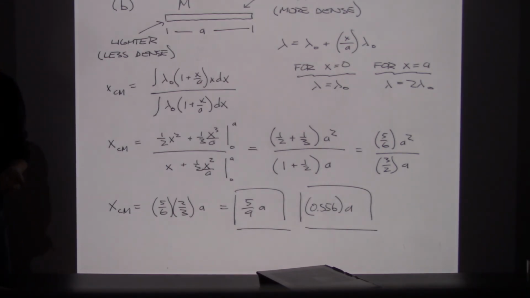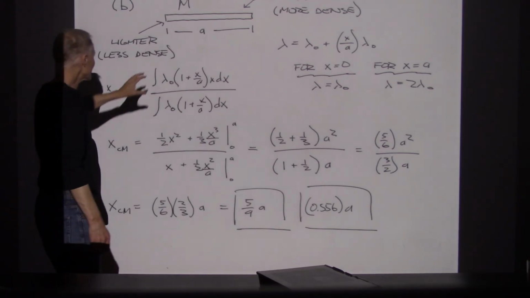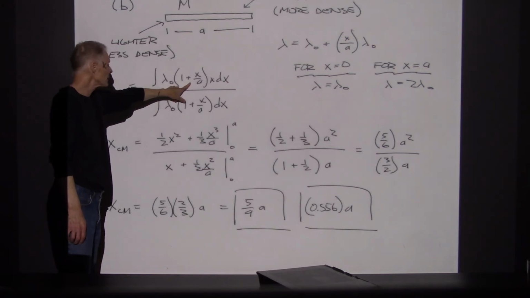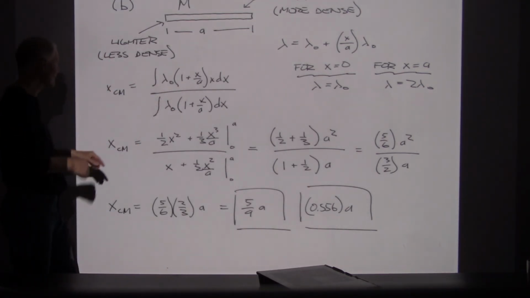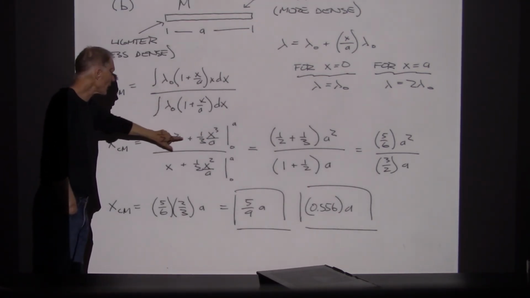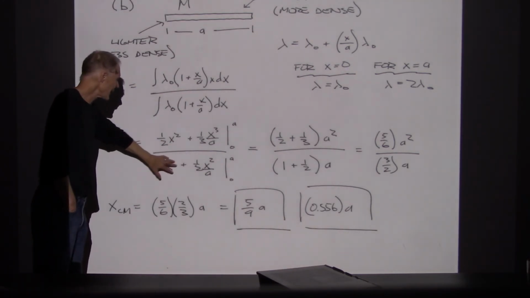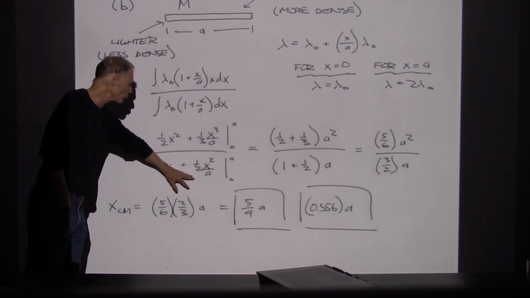So those aren't going to factor out because I can't bring them outside the integration sign. I have to carry out the integration with the 1 plus x over a in place. And that gave us 1/2 x squared plus 1/3 x cubed over a, divided by x plus 1/2 x squared over a.